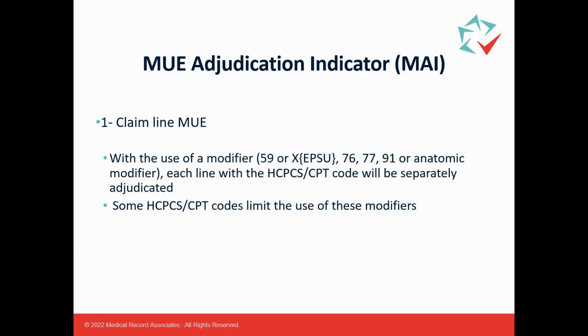And then some CPT HCPCS codes limit the use of these modifiers. So you have to know what your code allows as far as modifiers in order to append those modifiers.